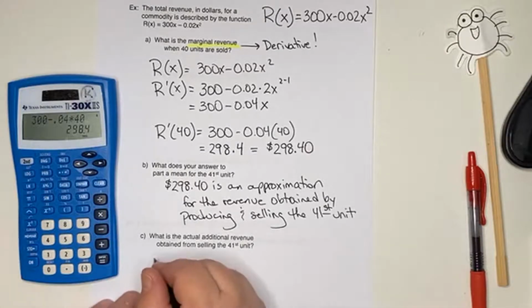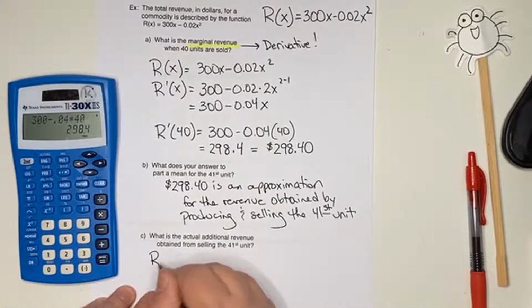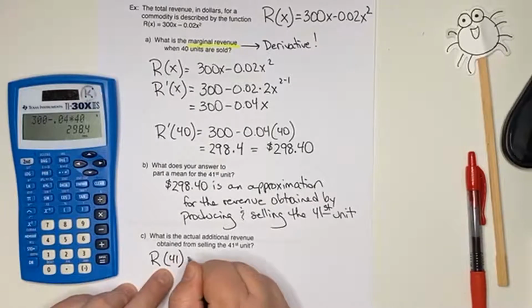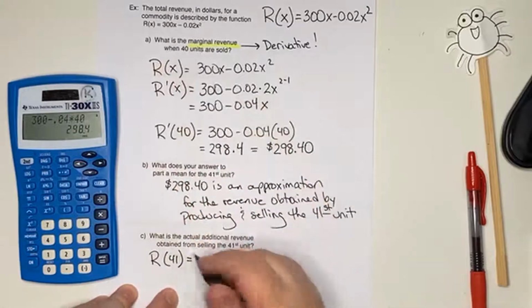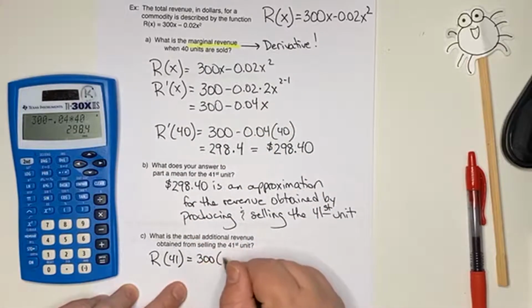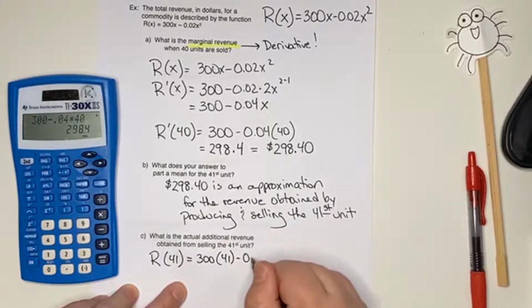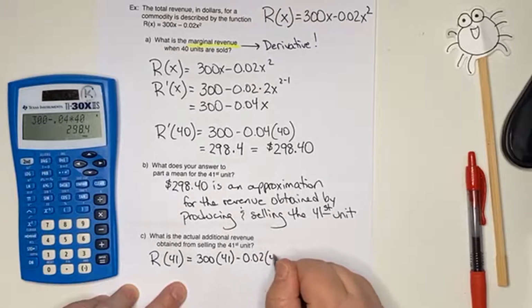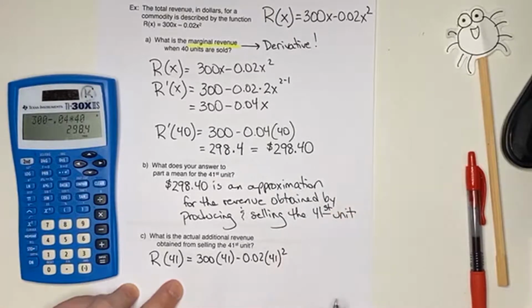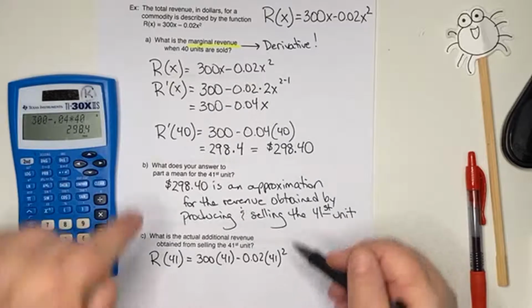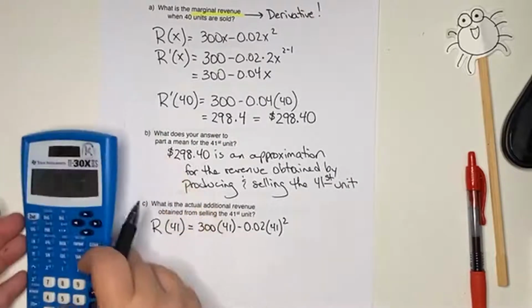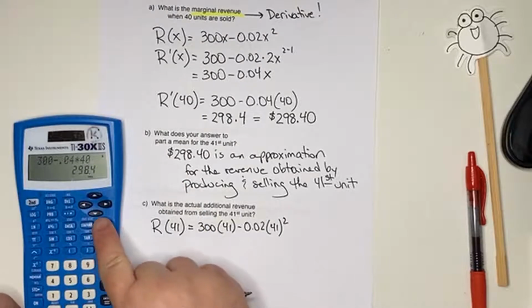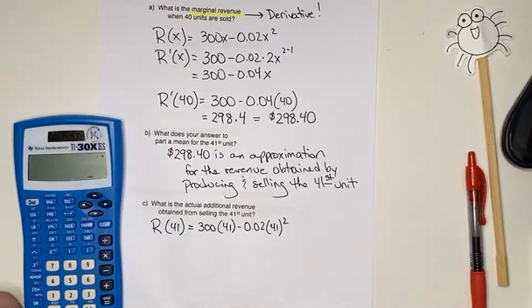But basically, if I calculate R of 41, so this is the original, we're going back to the original, 300 times 41. I know some of you are wondering why I'm suddenly going on without explaining this. The answer is, if I do this, then I can explain it. So R of 41, plugging in 41. This one I'm really not going to do in my head.